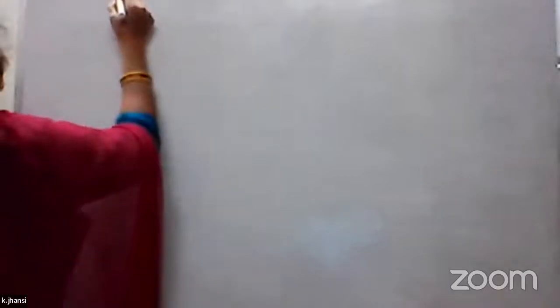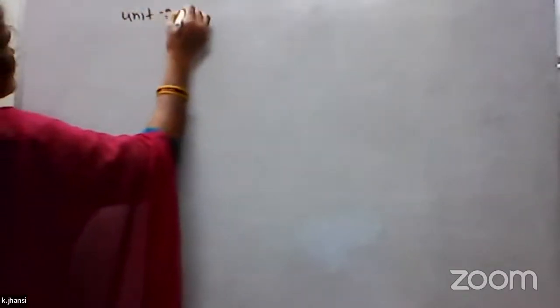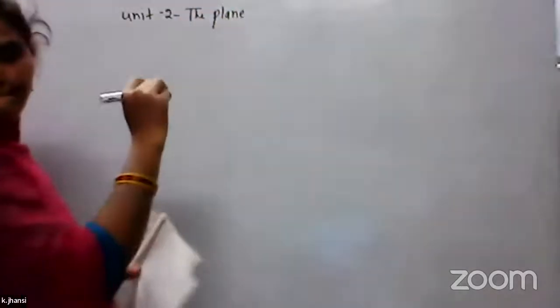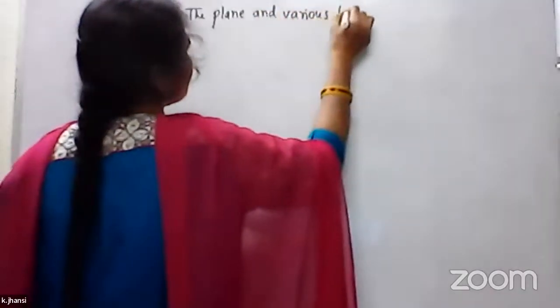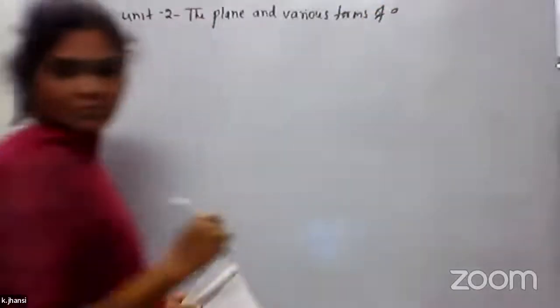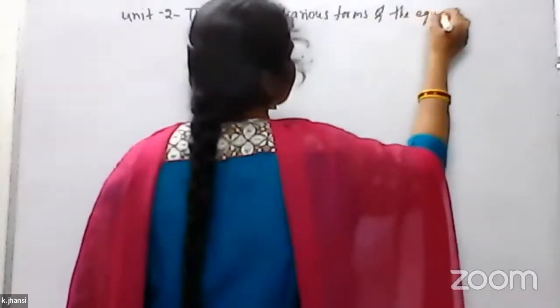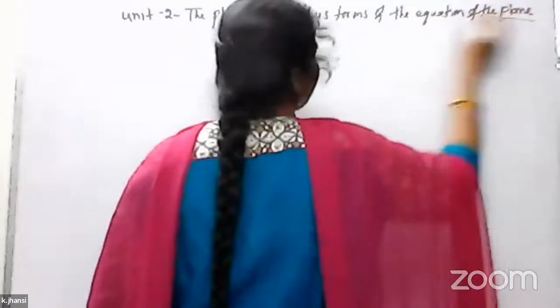So unit 2, the plane and various forms of the equation of a plane. So this is our second unit we have.